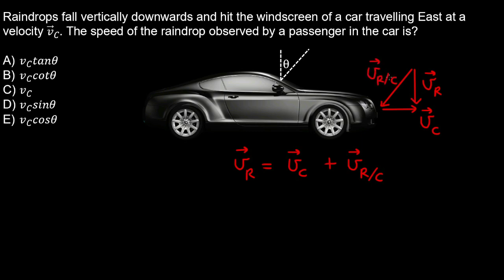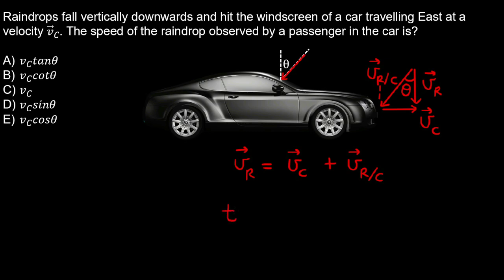So to a passenger in a car, the raindrop dropping vertically appears to be coming in at an angle to the windscreen. So by geometry, this angle theta is this angle over here. So we can solve this using trigonometry.